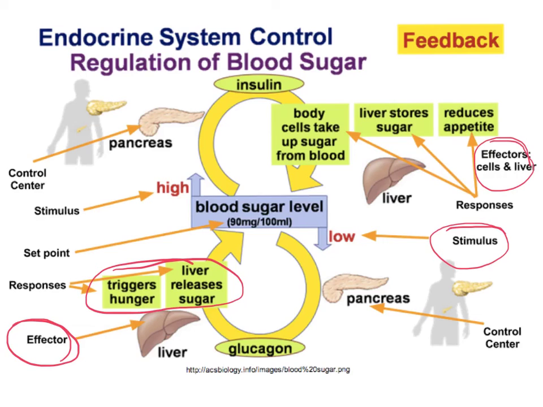The second thing I want you to also think about is this issue of insulin. I mentioned that insulin is a hormone, which will send messages to the liver and body cells to basically store sugar, take it out of the blood, decreasing our blood sugar levels.